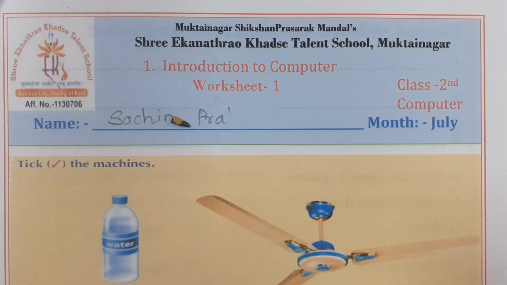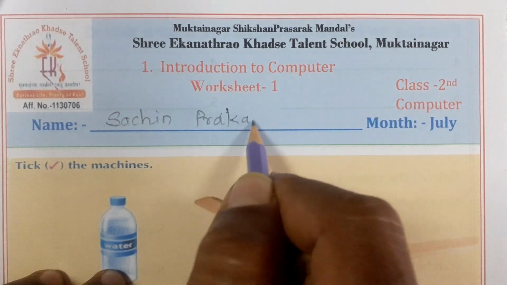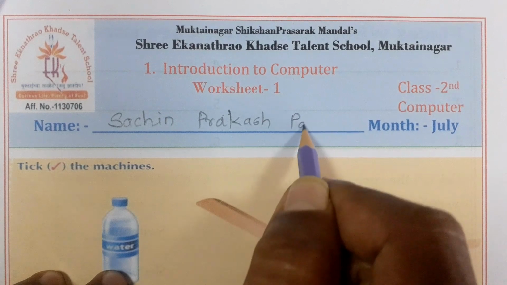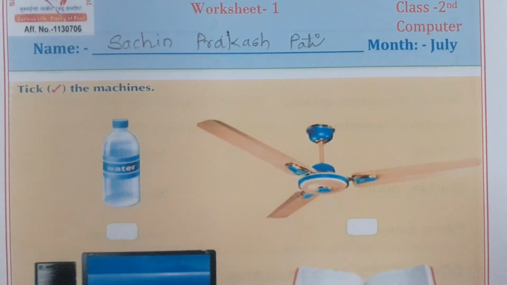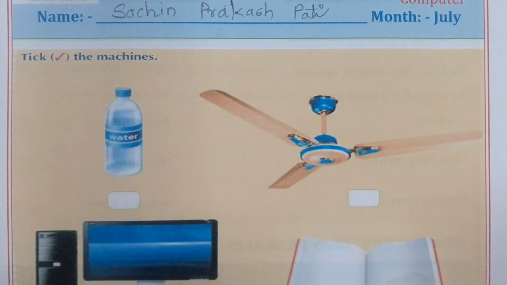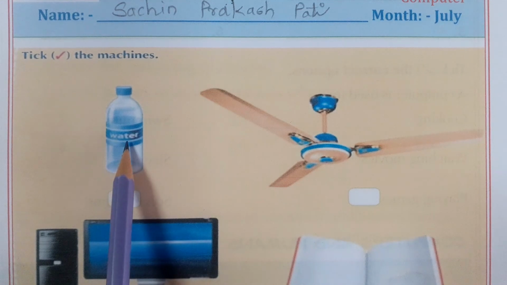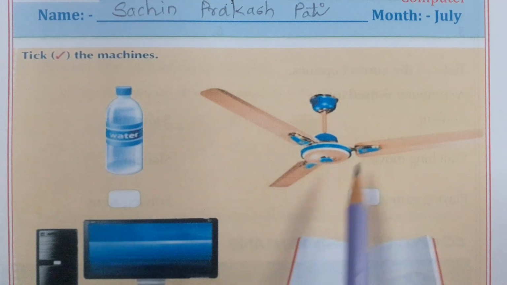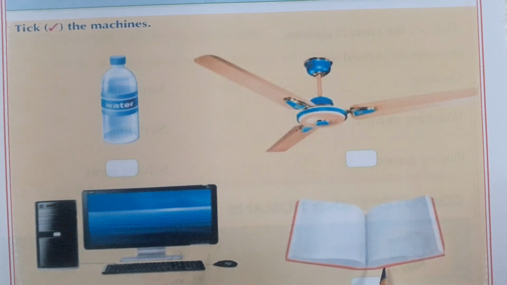I write my name. So write your name in this way. Okay. Now see. Have you looked at this picture? Look at this picture. What do you see inside this picture? A water bottle, a fan, a computer with all parts, and this is a book.